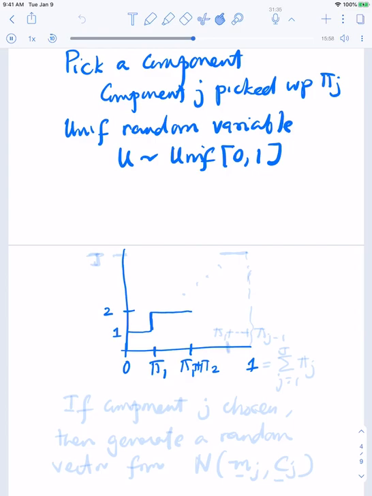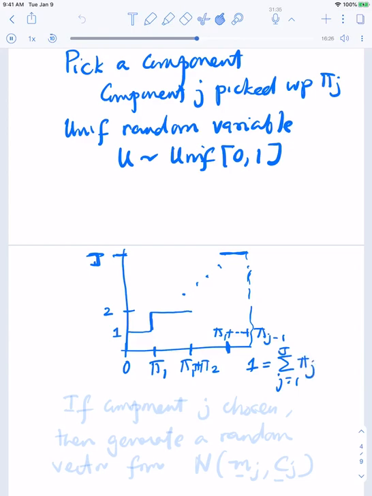And then you can see that since the pi's add up to 1, you would choose component capital J when the number is between pi 1 through pi J minus 1, which is this point, and 1, which is summation j equals 1 to capital J of pi sub j.